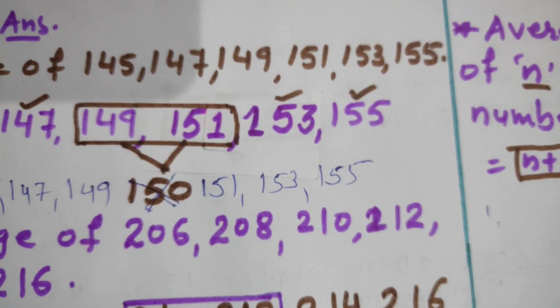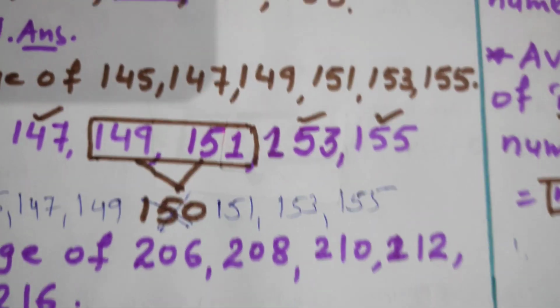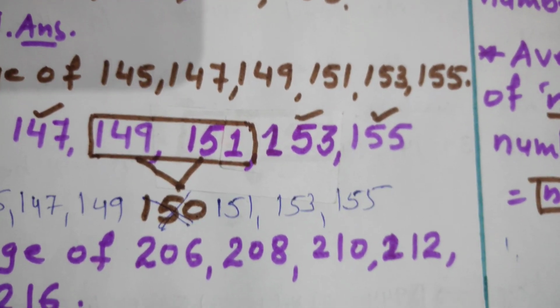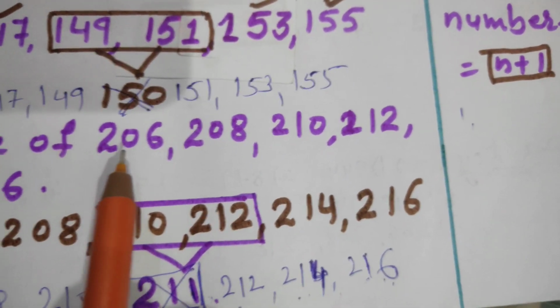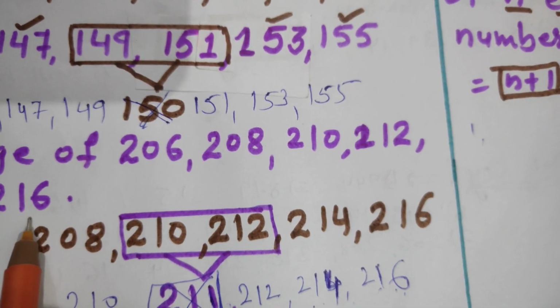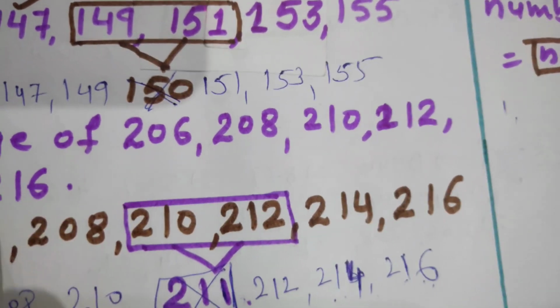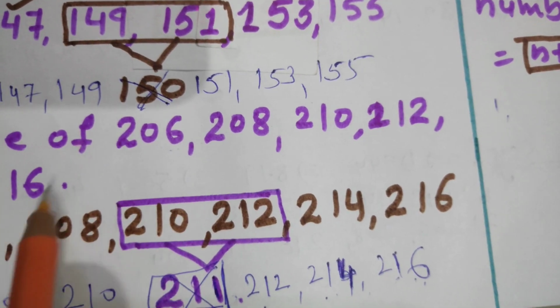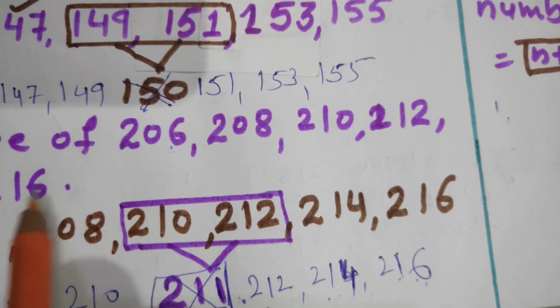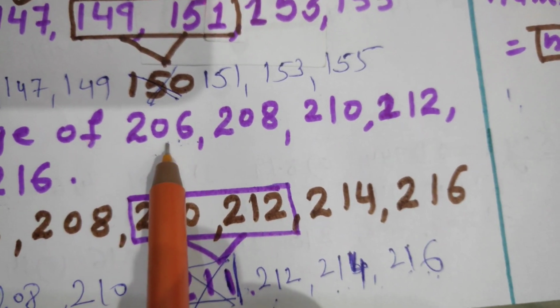Correct? Now one more thing I would like to explain from this series only. You can check here how many numbers are there? 6 numbers, right? So what is the difference between the smallest and the largest number? 216 minus 206, that is 10, right?